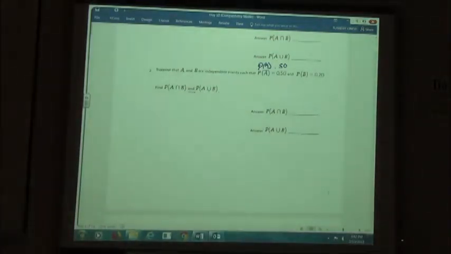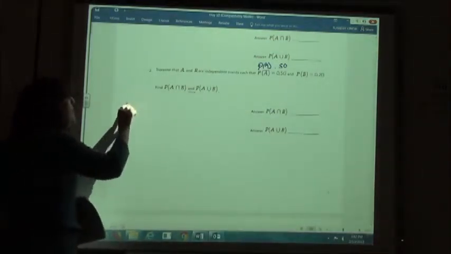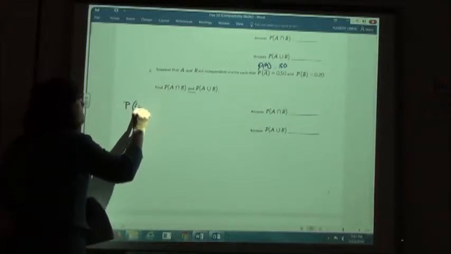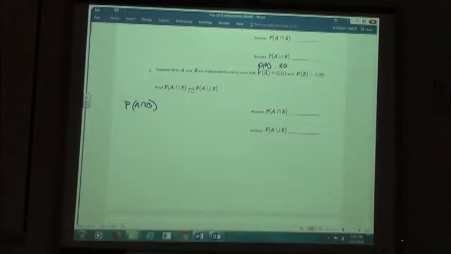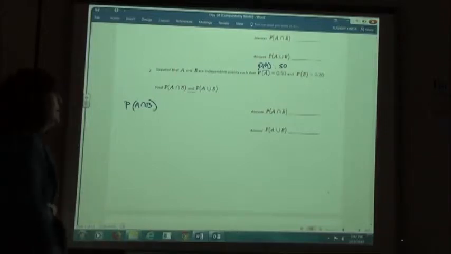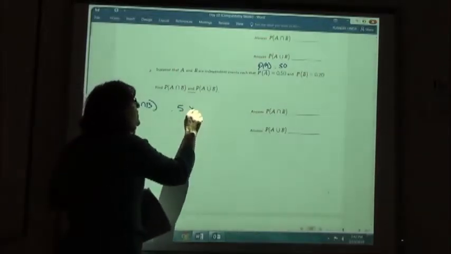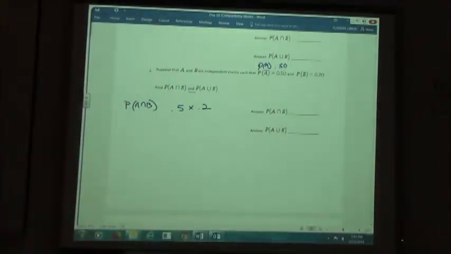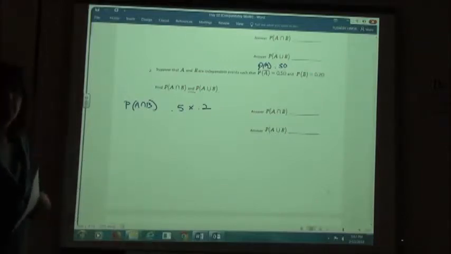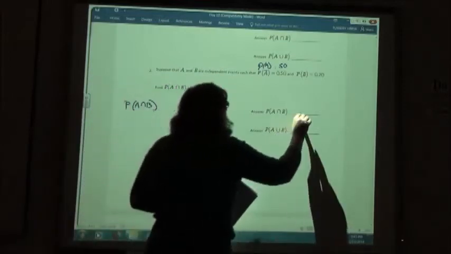We want to find, first of all, the probability of A and B. So we're going to take the probability of A times the probability of B. So 0.5 times 0.2. We get 0.1.